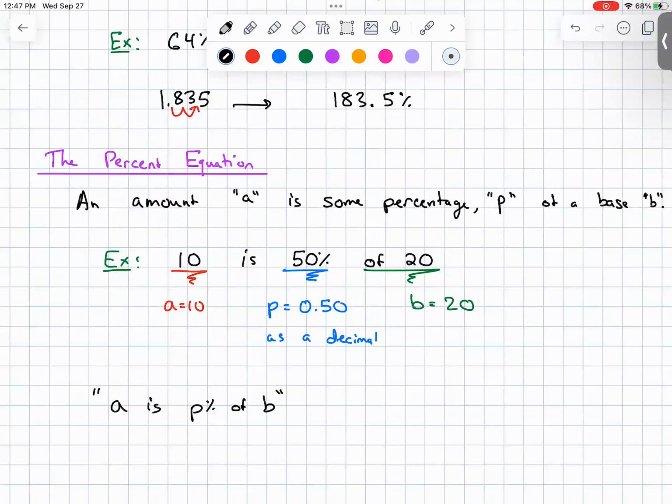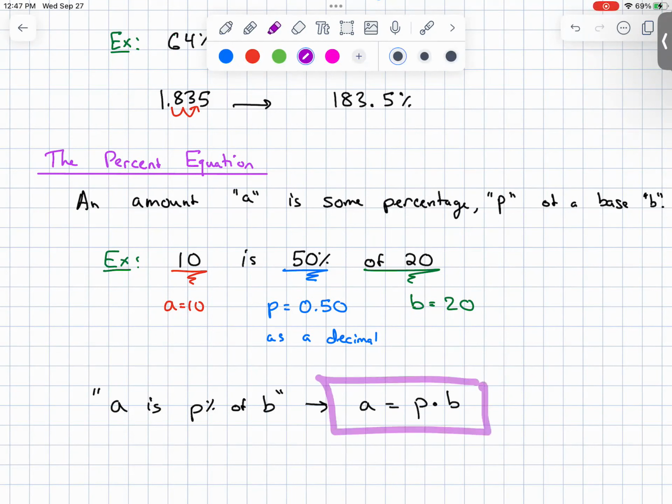So "is" in English usually corresponds to an equal sign in mathematics. So you can write this as A equals P% of B. That's going to be P times B. And that is our formula that we can use. A is equal to P times B.